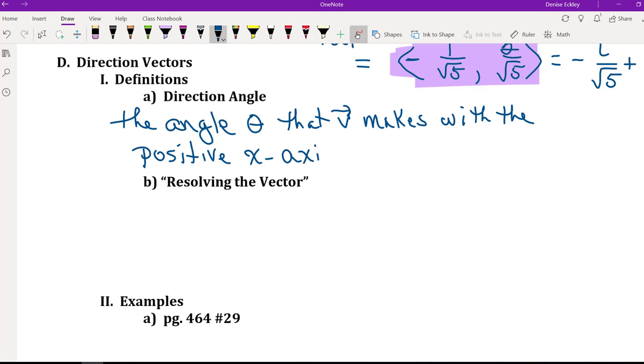So here's where we're going to start connecting our trig to our vectors. When it says resolve the vector, we're going to be resolving the vector.